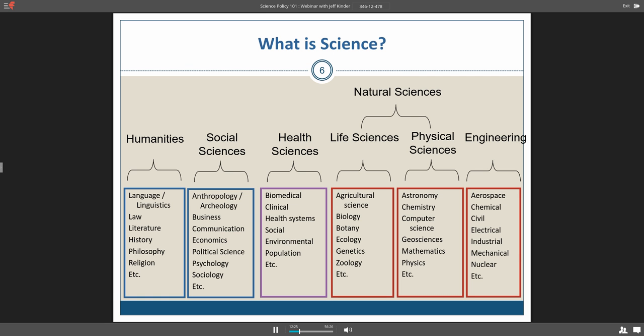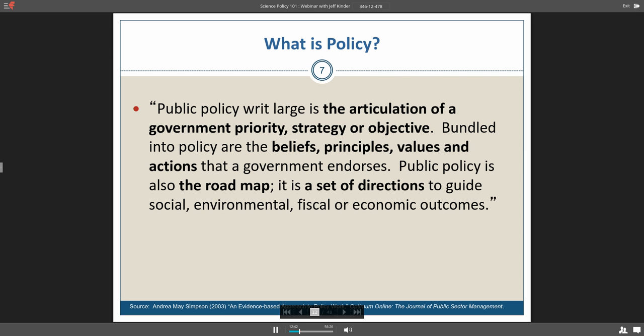So the three red boxes on the right are supported by NSERC, the Natural Sciences and Engineering Research Council, the Health Sciences by the Canadian Institutes of Health Research, and the Social Sciences and Humanities by SSHRC, the Research Council devoted to those disciplines. So that's a quick overview of science.